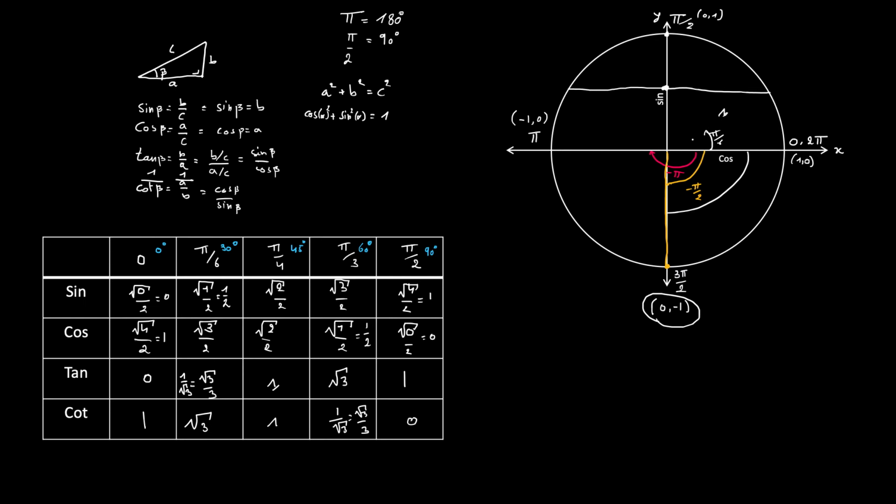And for this, let's remove all of this over here. So for our tangents, remember that our tangents is going to be our value of sine over cosine. So at this point where cosine and sine are equal, we're going to have a tangent's value of 1.